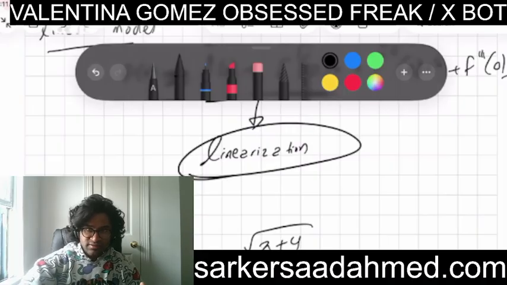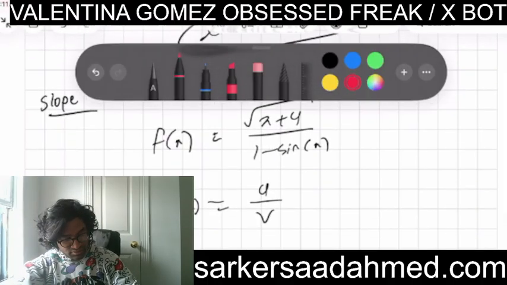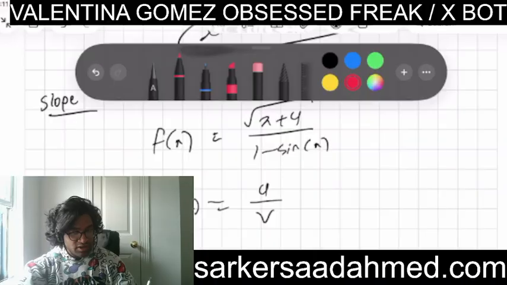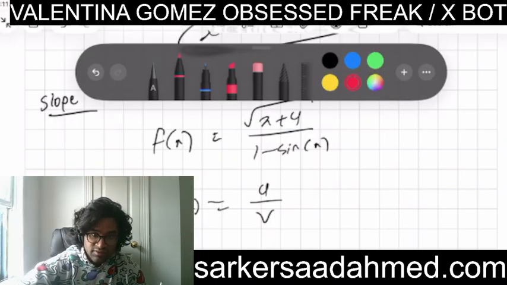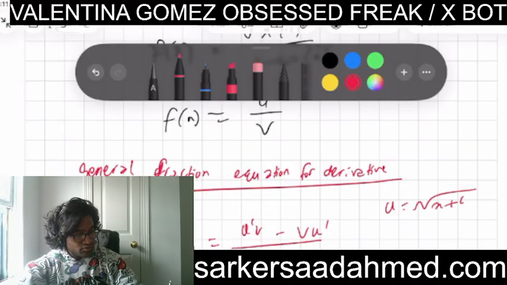And so the general fraction equation for the derivative is f prime of x equals u prime v minus v prime u divided by v squared. Your u is what? U is root of x plus 4.